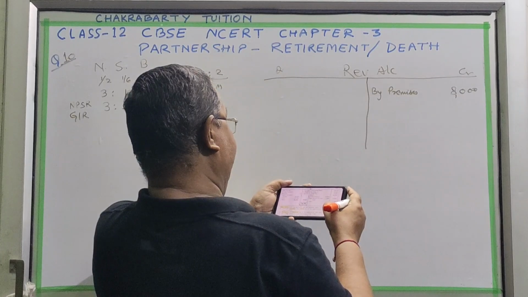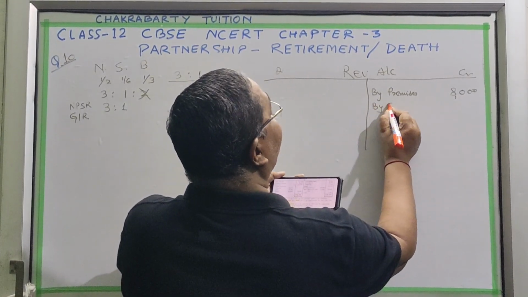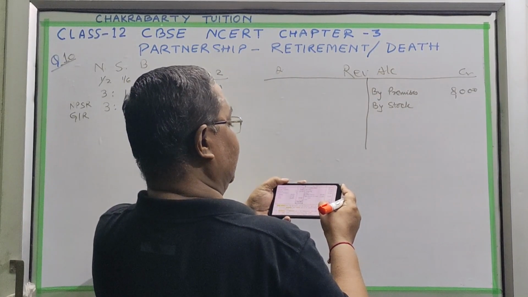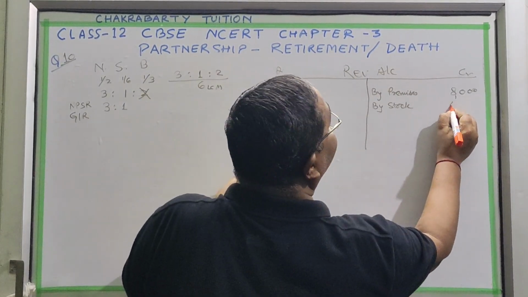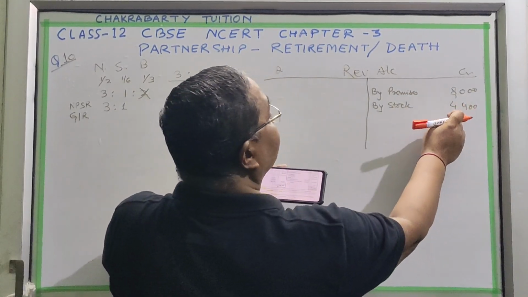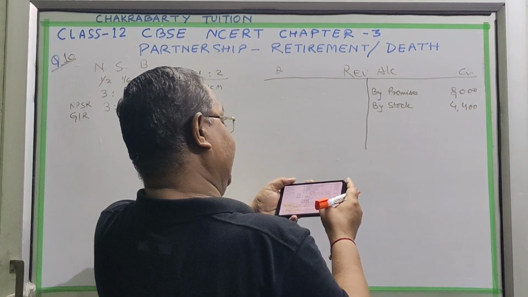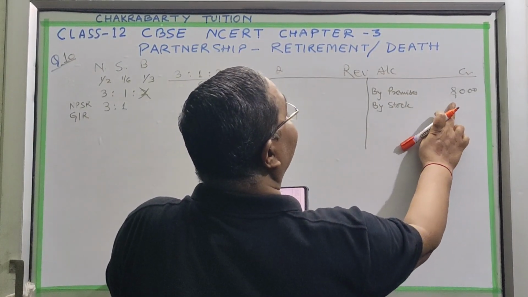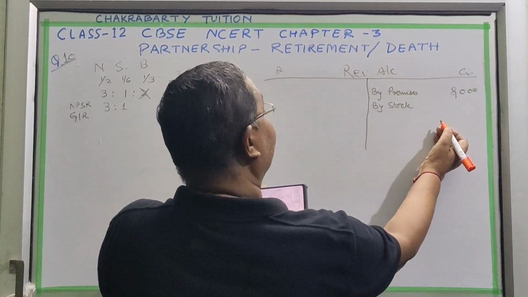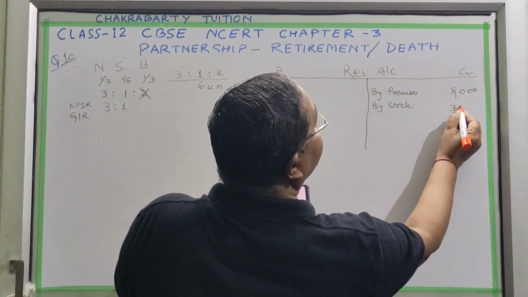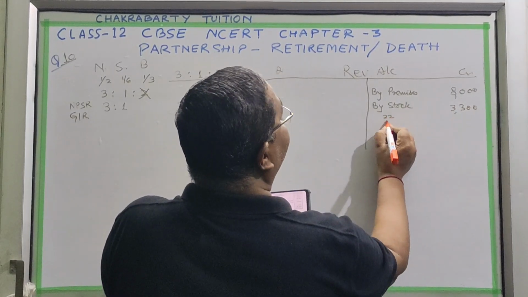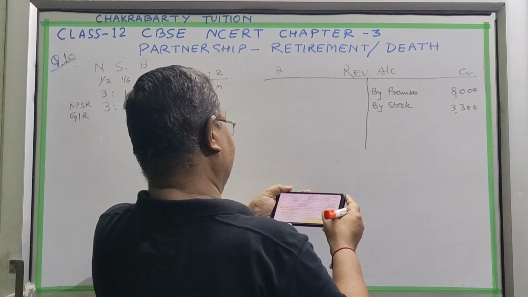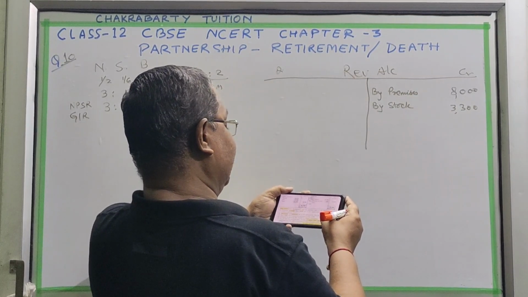And by stock, it is also to be appreciated by 15%. Stock is 22,000, so 15% means 3,300 it will come. Half of 22 is 11, 22 plus 11 is 33. Machinery and furniture to be reduced.